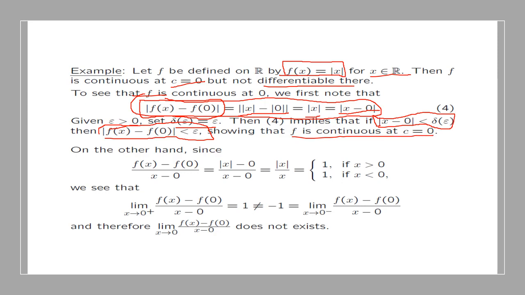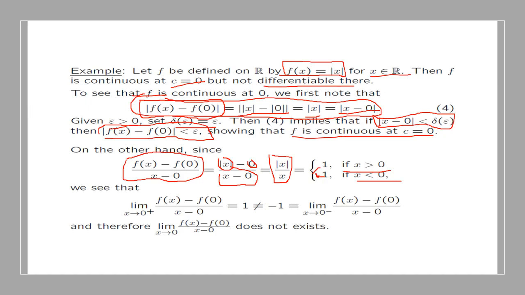So that tells you that f is continuous at c equal to 0. On the other hand, if you compute f of x minus f of 0 divided by x minus 0, f of x is just the magnitude of x, f of 0 will be the magnitude of 0, which is 0, and then you have x minus 0 here, and that will simply give you the magnitude of x divided by x, which will be 1 if x is bigger than 0, and minus 1 if x is less than 0.